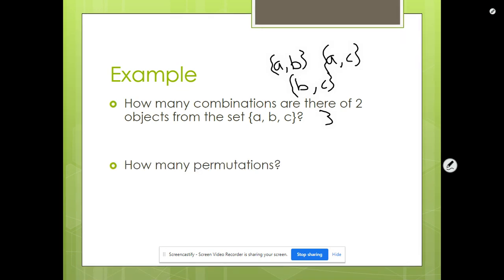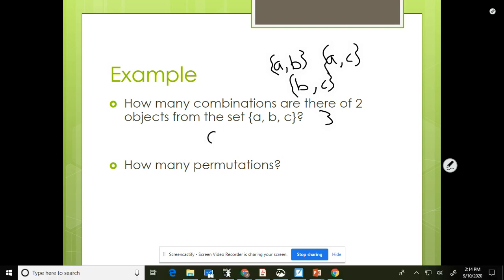All right, let's say I had to do permutations. Okay, so permutations, order matters. Actually, let me go back real quick. Combinations. So if I wanted to use the formula for this one, I have 3 objects. I'm selecting or choosing 2 of them. So it would be 3 factorial over 3 minus 2 factorial times 2 factorial.